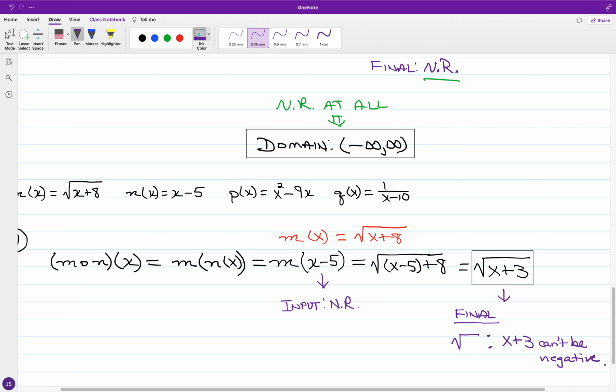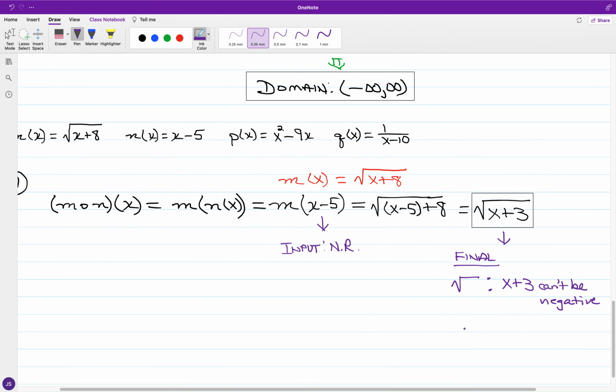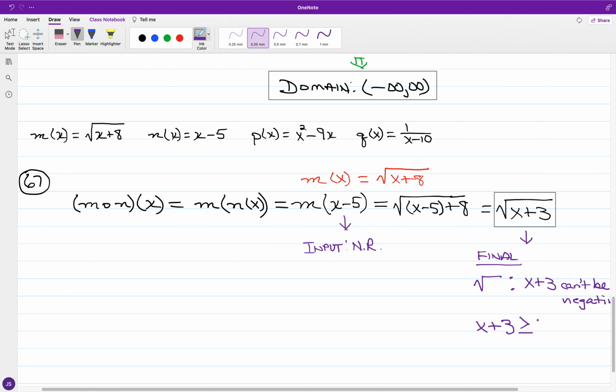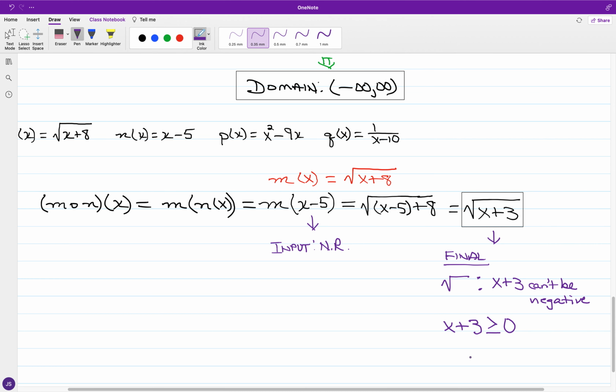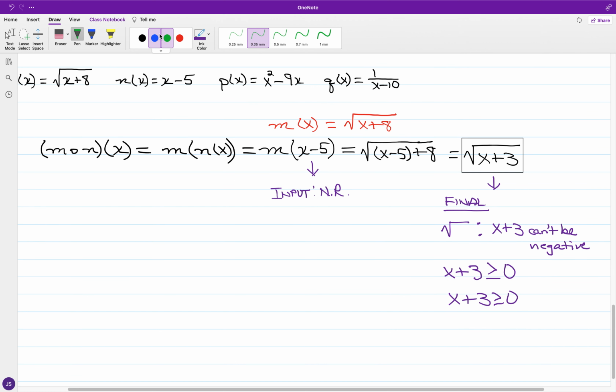It can be 0 and it can be positive. So we set up what is allowable for x plus 3 as an inequality comparison to 0. We have x plus 3 is greater than or equal to 0, and solving for x, if we take 3 away from both sides, we have that x is greater than or equal to negative 3.